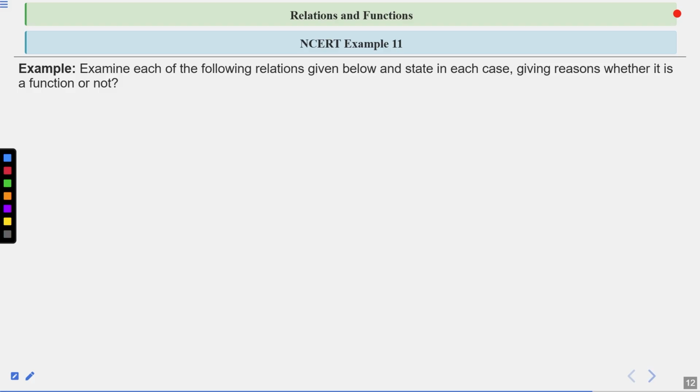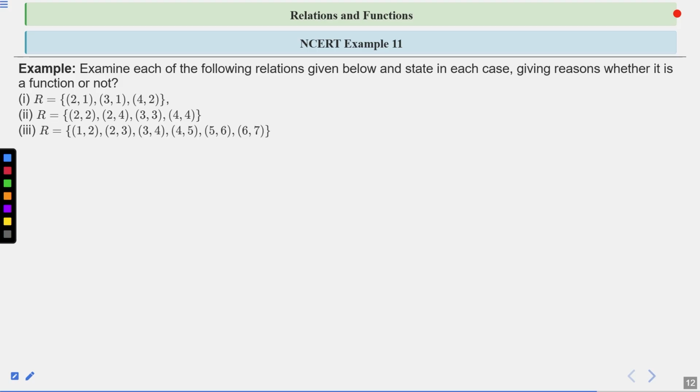Now this example. What you have to do is simply examine each of the following relations given below and state in each case, giving reasons, whether it is a function or not. So 3 relations are given to us in roster form. First one has 3 ordered pairs: (2,1), (3,1), (4,1). Clear? Second one has 4 ordered pairs: (2,2), (2,4), (3,3), (4,4).